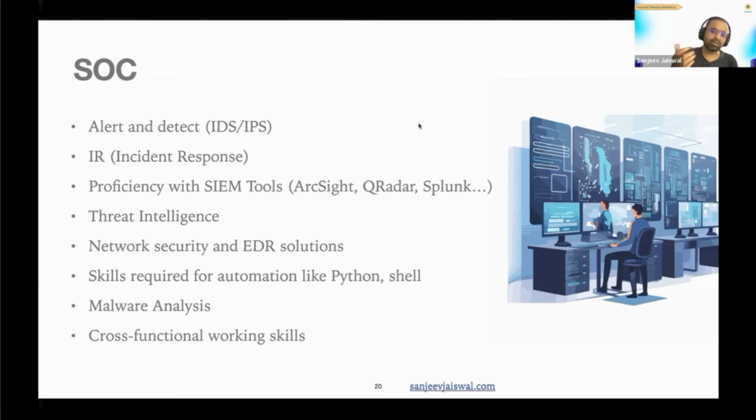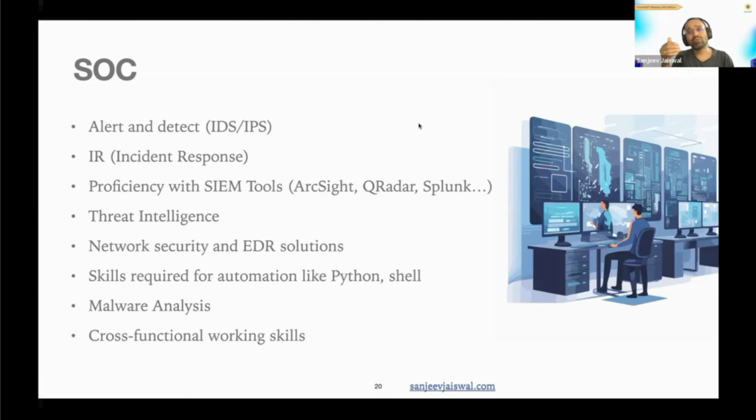Most of the work in SOC is about alerting, monitoring, finding the root cause of those alerts, and explaining them to different kinds of stakeholders. But what are the other things you should be aware of? You should be aware of the different EDR solutions available, for example, CrowdStrike.